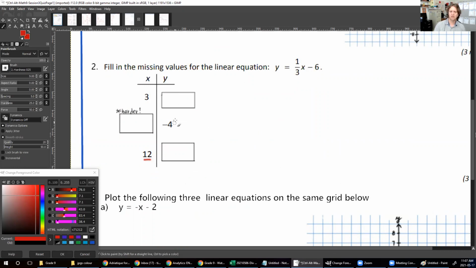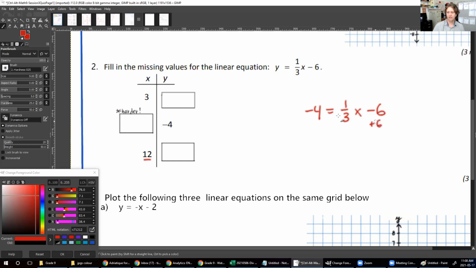This one's a harder one. And sometimes they do this. It's kind of irregular, but sometimes you'd want to do this. What you're going to do is replace y with minus 4. So you would have minus 4 is equal to 1/3 x minus 6. You have to solve this one.